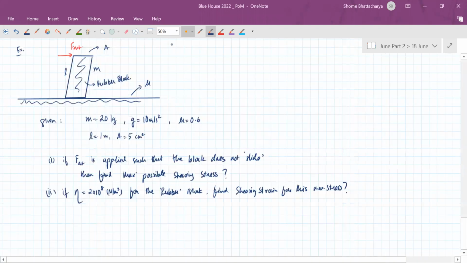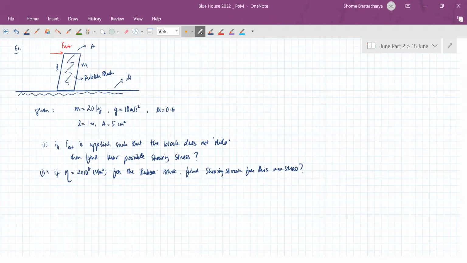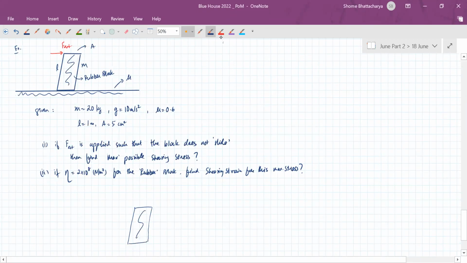So let's understand. In general, when we look at the free body diagram of this material, if it is not accelerating, then this external force has to be balanced by static friction.